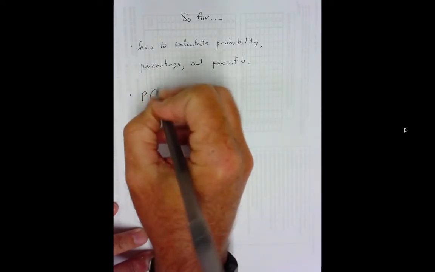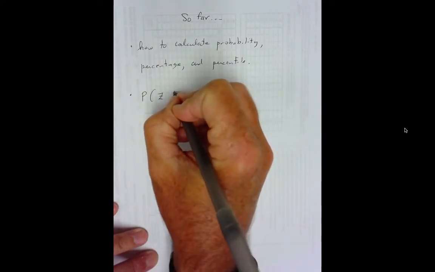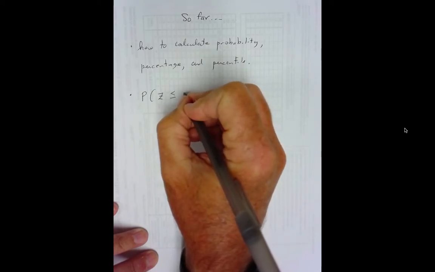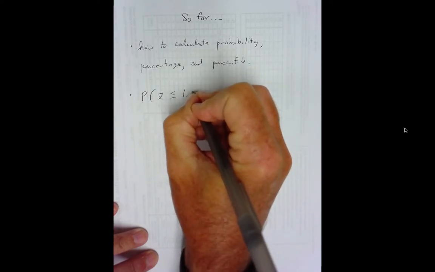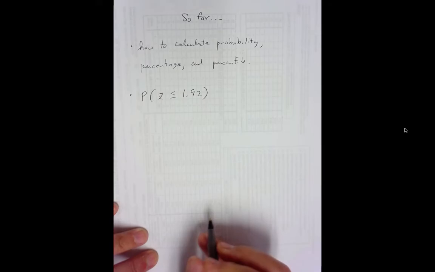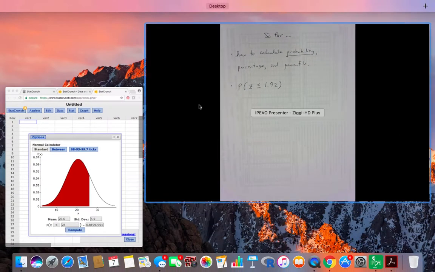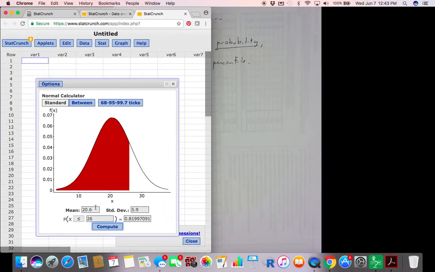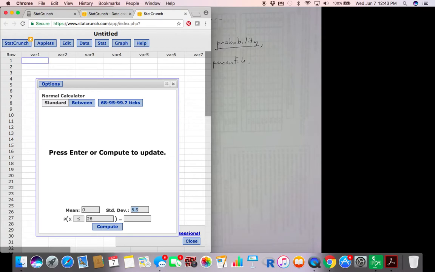What's the probability that we have a z less than or equal to 1.92? Well, if we're going to look at the probability problem, we're going to have mean 0, standard deviation 1 because it's a z-score, the standard normal distribution, less than or equal to what we've got, 1.92, and compute.